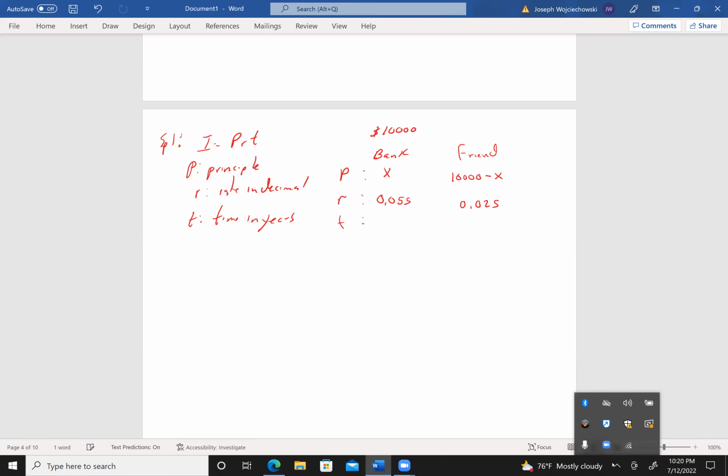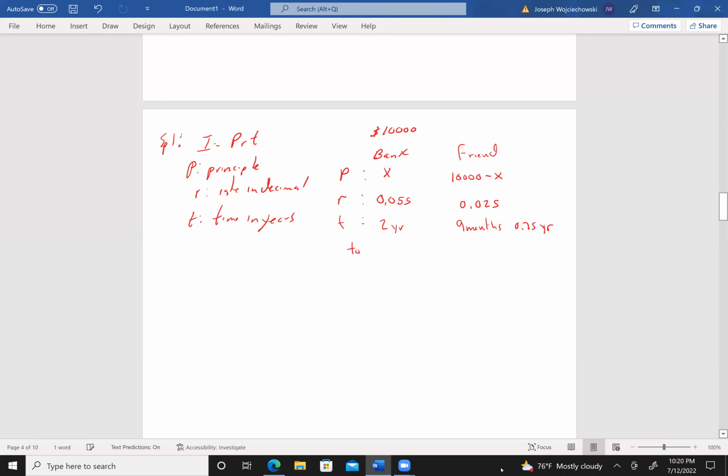So the time here is 9 months, which is 0.75 years. And paid the lending institution after 2 years. If the total amount Franz paid in interest was $735, how much did he borrow from each source?